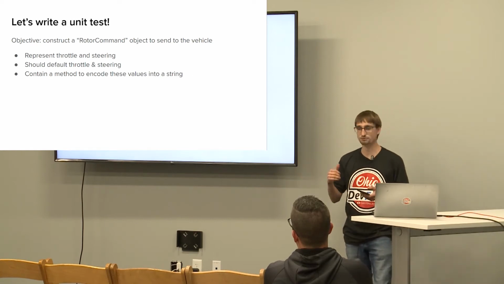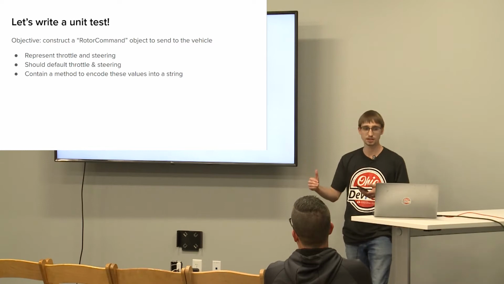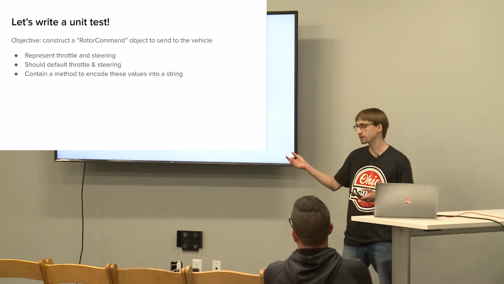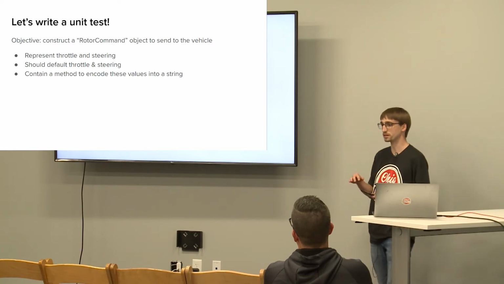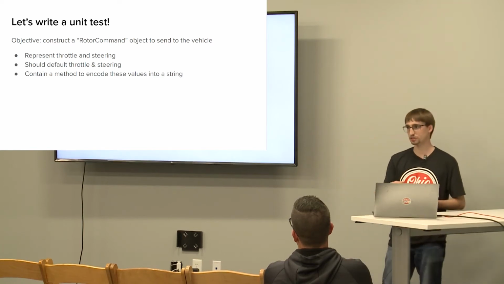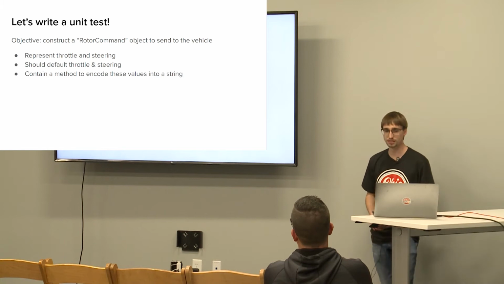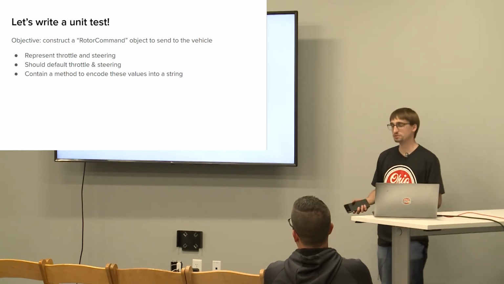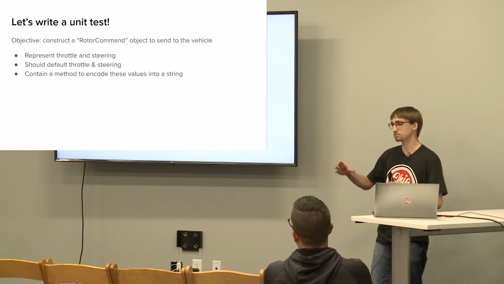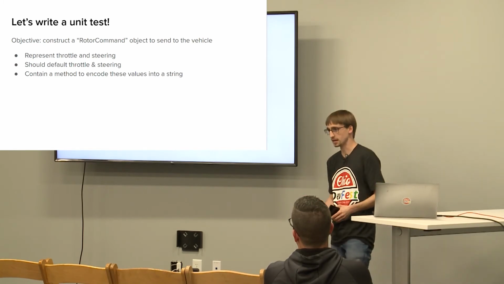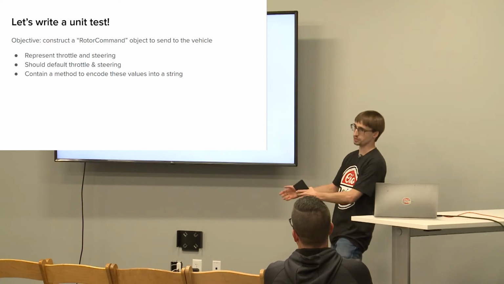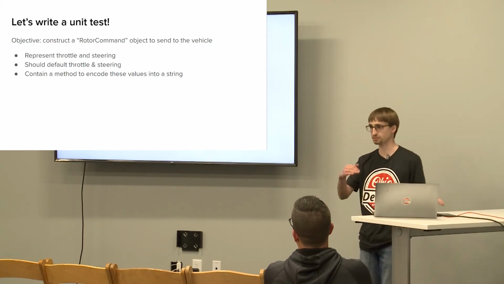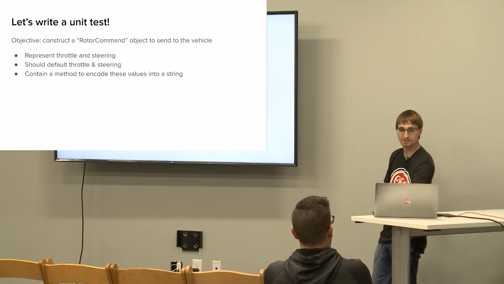The throttle will have a magnitude and a direction, and the steering will have a magnitude and direction. These values should be defaulted by the constructor. So we just want to construct it and check that it set the values automatically to an expected default value. We also want to add a method that allows us to encapsulate the data from this class and turn it into a string that we can send over Bluetooth. So we'll go through each of these as separate coding exercises.